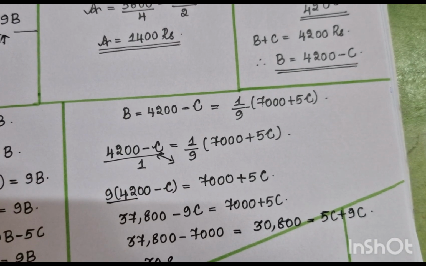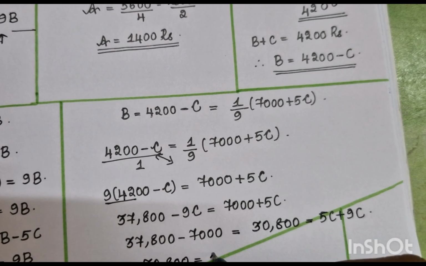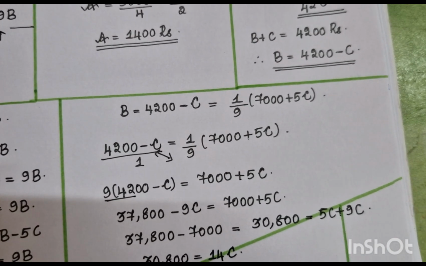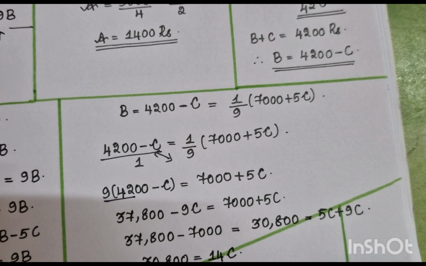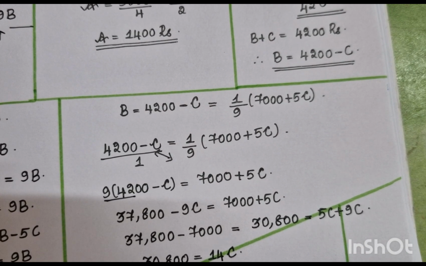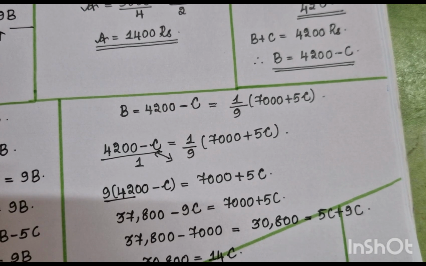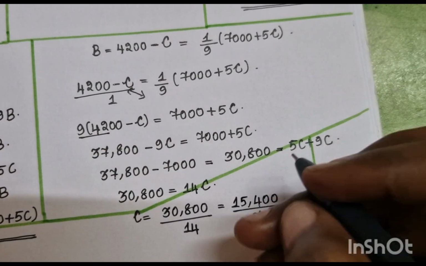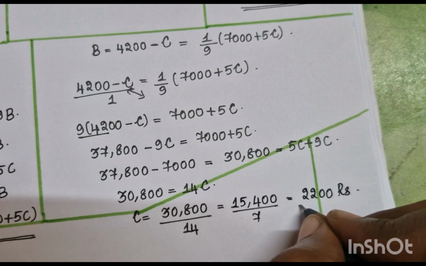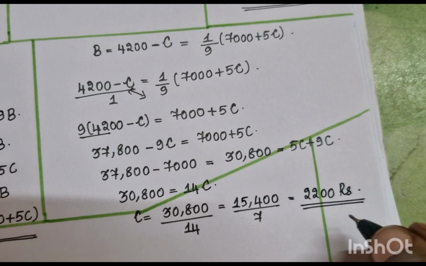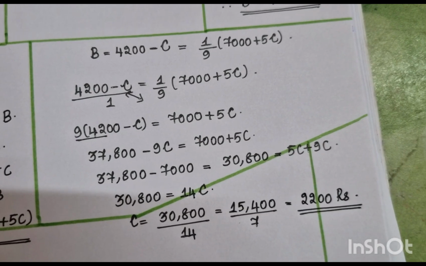So 30,800 is equal to 5 plus 9, 14C. C is equal to 30,800 divided by 14, which is 2,200 rupees. The share of C is what is asked: 2,200 rupees.